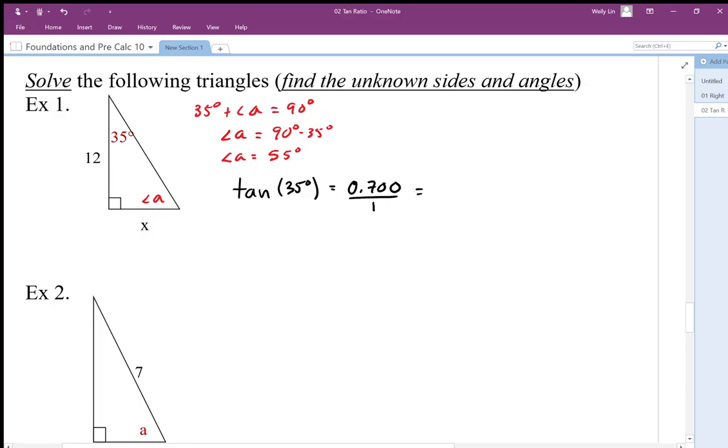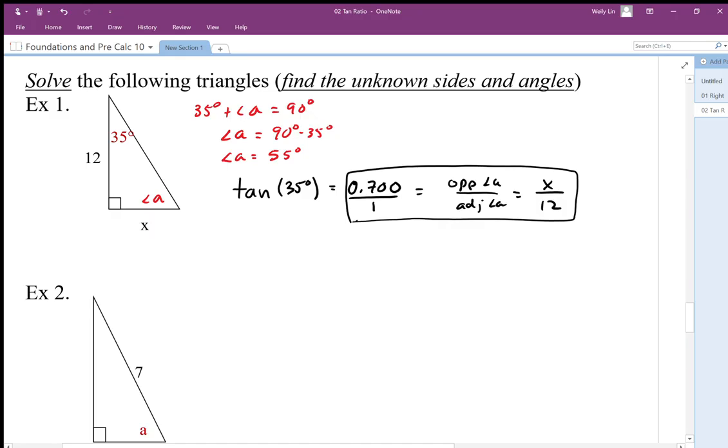So I'm going to set this up. I know that the opposite of angle A to the adjacent of angle A is going to be x to 12. And I can solve that ratio algebraically.